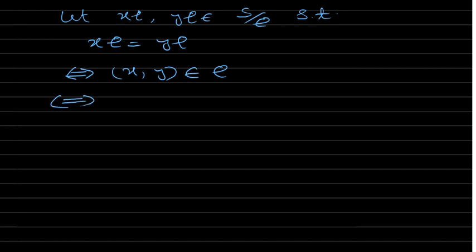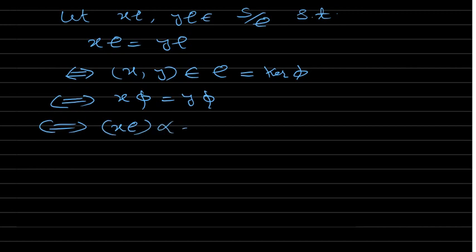Rho is the kernel of phi, so it means that x phi is equal to y phi, which is true if and only if x rho alpha is equal to y rho alpha. So x rho is equal to y rho if and only if the images of x rho and y rho under alpha are the same. So this alpha is well defined and one-one.